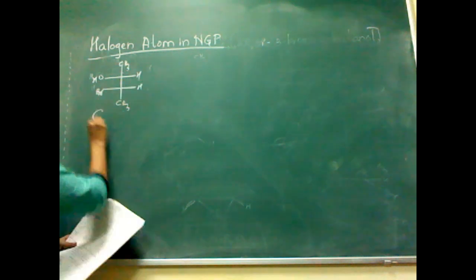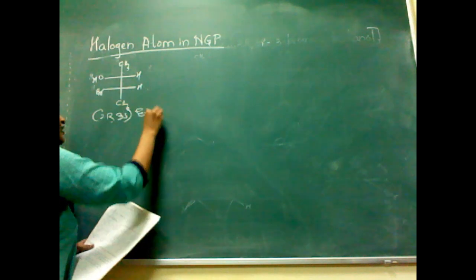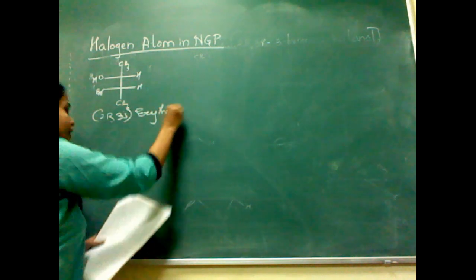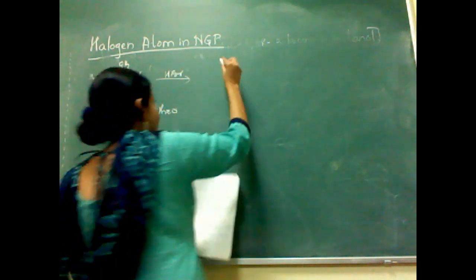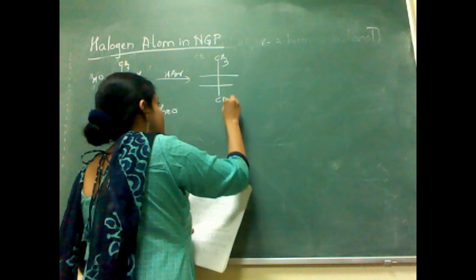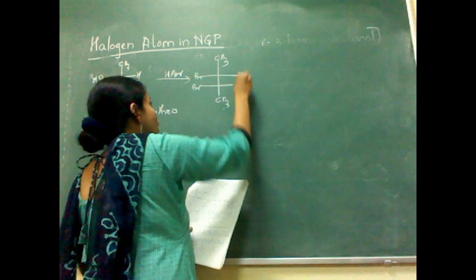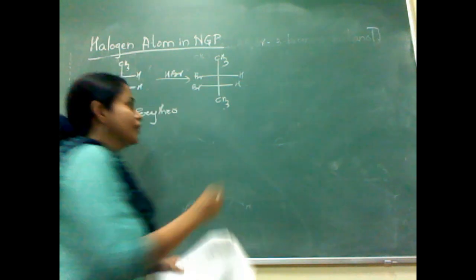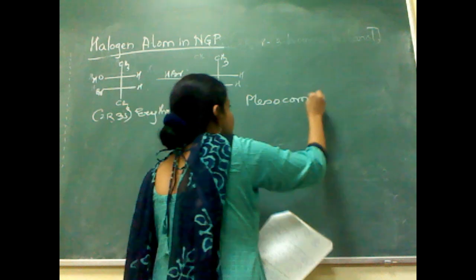So this is 2R, 3S, erythro, and in presence of HBr, you are getting the meso compound as the major product.